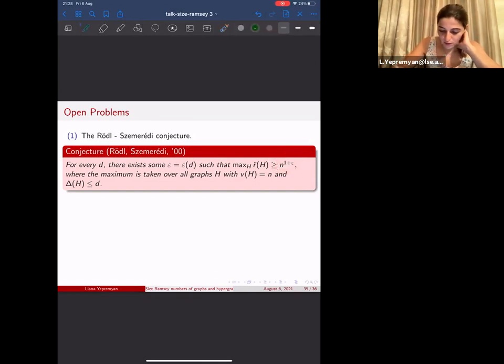So we do know that this is true if we look at n times some log n to the c. But the question of whether we can improve it to n to the epsilon is wide open.